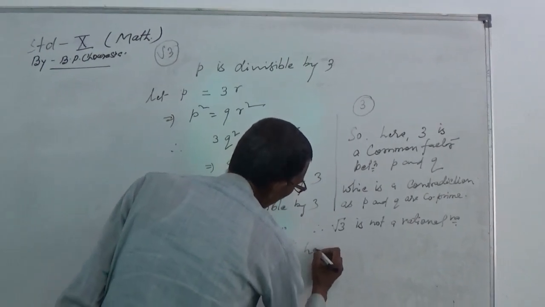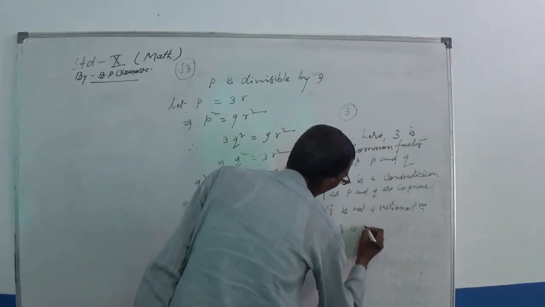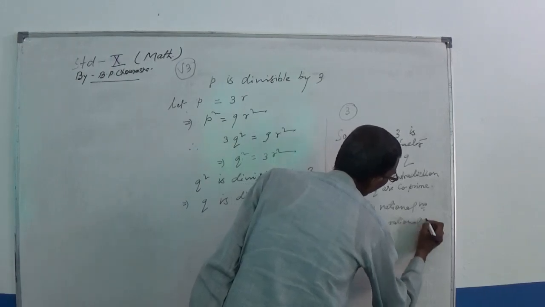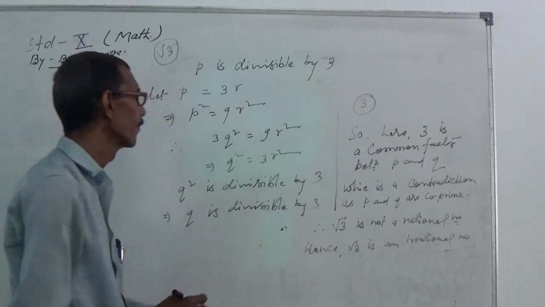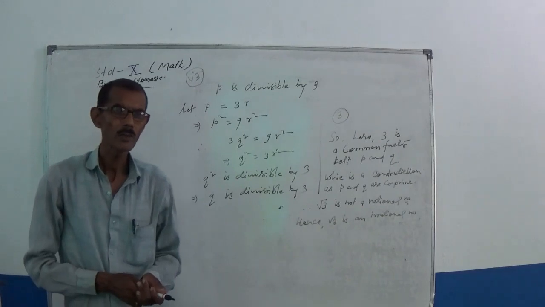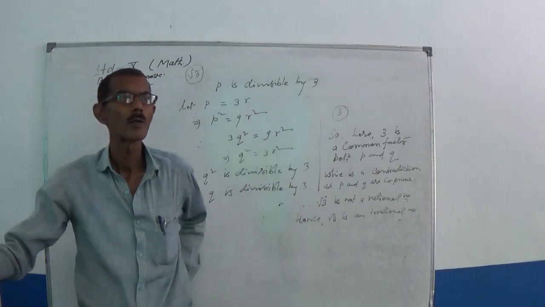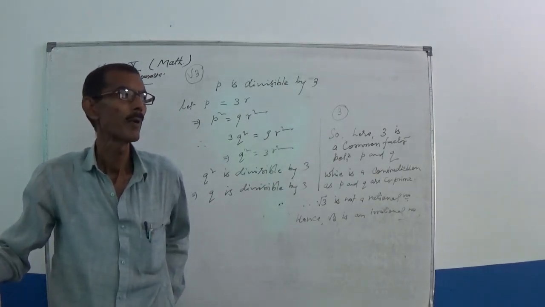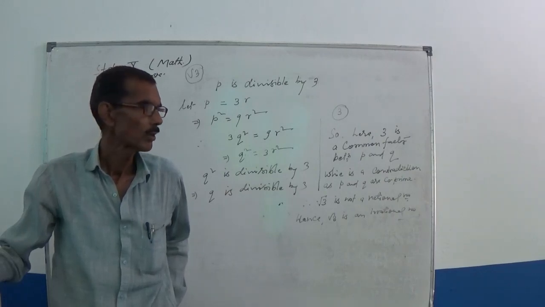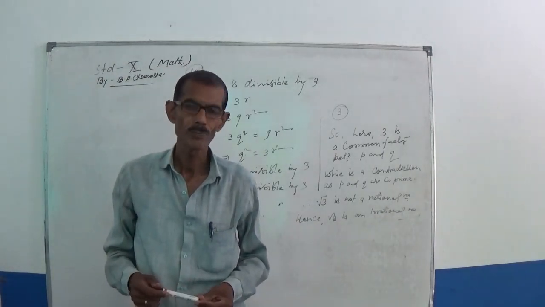Hence root 3 is irrational. Similarly, by assuming a given number is rational, to prove that it is irrational or not, you can apply this process and find your result or prove your question.